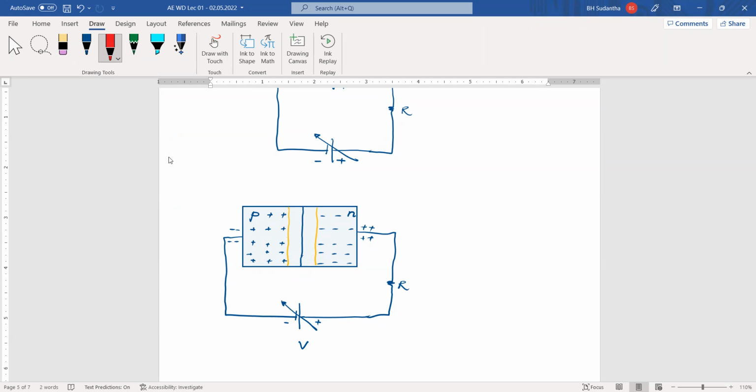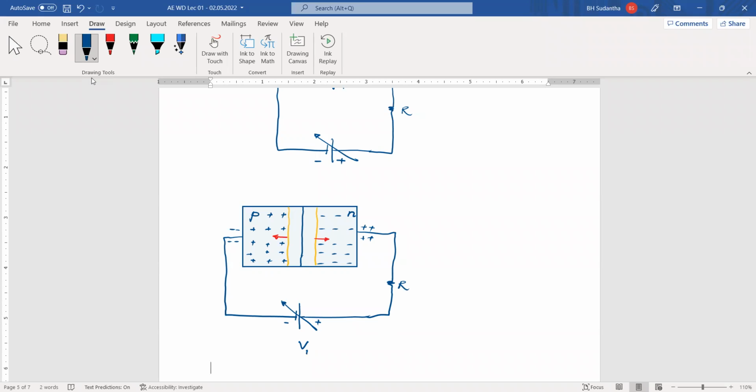Then, as a result, the width of the depletion layer will be increased. If you say this is V1, then this depletion layer will be increased.